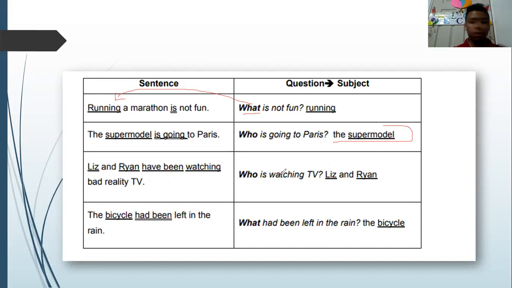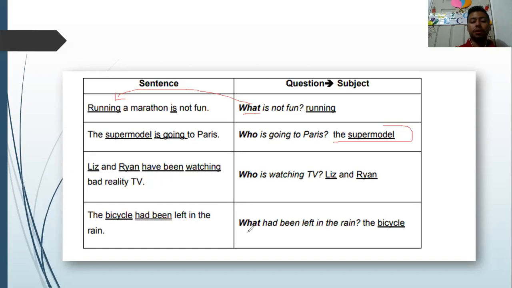The miss? No. In this situation the people who are watching TV are Liz and Ryan. Simple. So my recommendation is to see the subjects and verbs. All right.